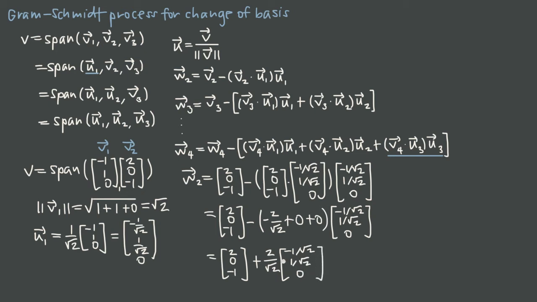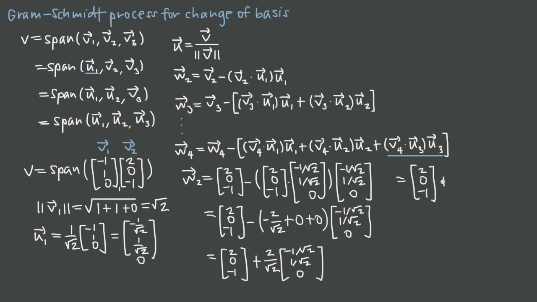And so when we apply this 2 over root 2 now as a scalar to the vector u1, we get here, we'll keep our 2, 0, -1. And then here we're going to get 2 over root 2 times -1 over root 2. In the numerator, we'll get 2 times a -1, that's a -2. And in the denominator, we'll get root 2 times root 2, that's 2. So we get -2 over 2.